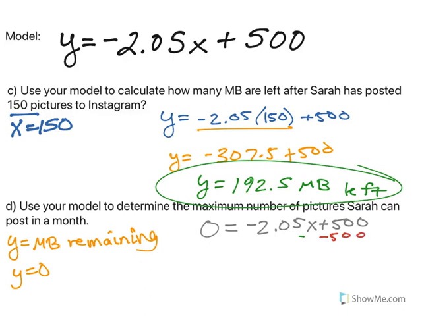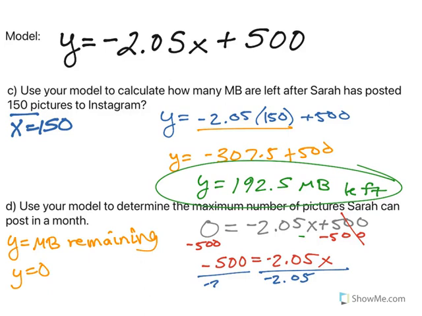Subtract 500 from both sides. So I get negative 500 equals negative 2.05x. We divide both sides by negative 2.05. And when I do that, I get x equals 243.9. That's the max. Now, you can't do 0.9 of a picture.